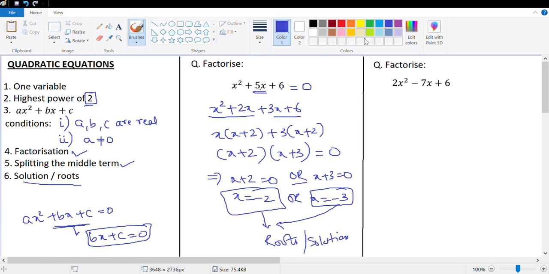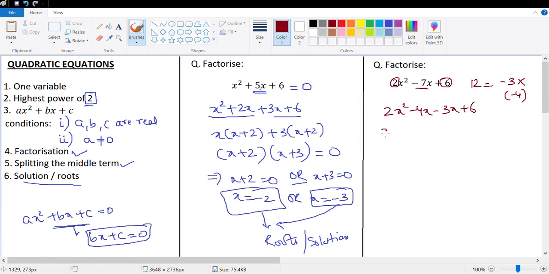Good. Let's look at one more factorization before I move on. This time I have to find factors of 2 into 6, which is 12, the sum of which should be negative 7. So this would be negative 3 multiplied with negative 4. That's 2x squared minus 4x minus 3x plus 6.